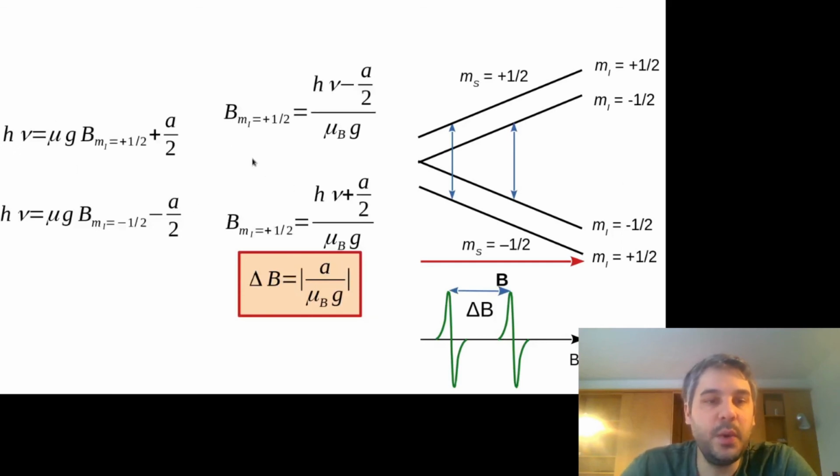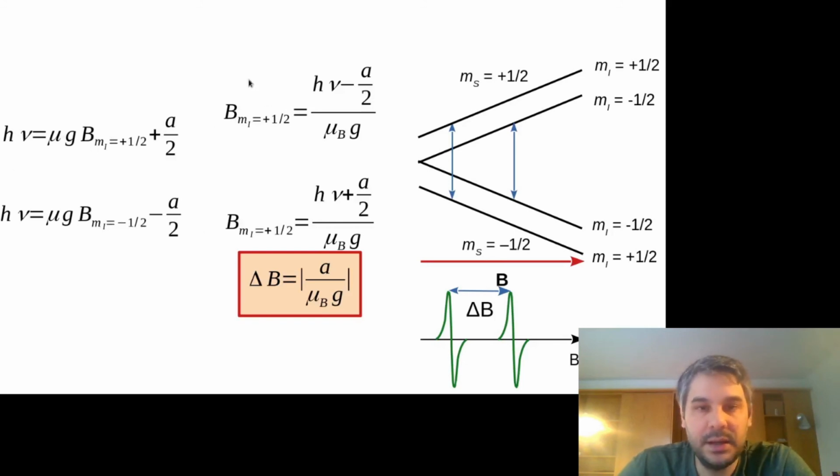If we equate the delta E between the different levels to the energy of the electromagnetic radiation, h nu, we have again h nu equals mu B times g times B, which depends on mI, plus a/2, and we have the same with B for mI equals -1/2, minus a/2.